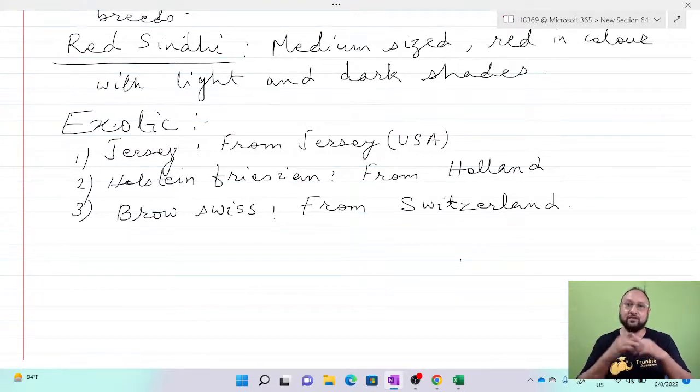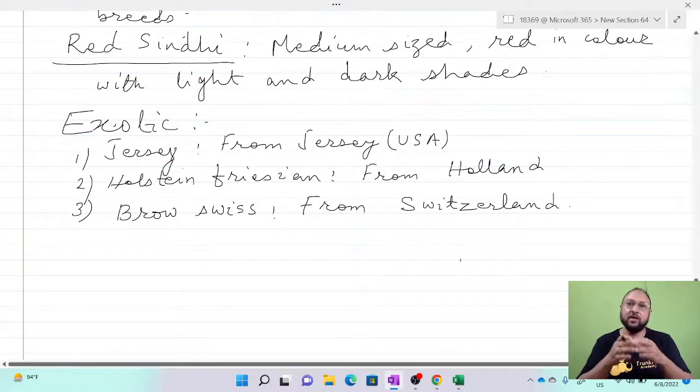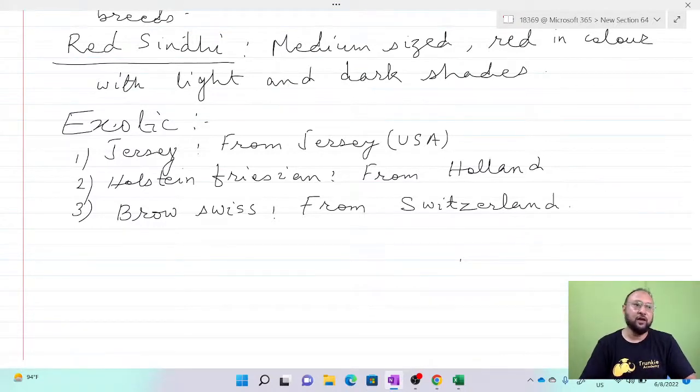After this breeding, we will get progeny or offspring which has high yielding capacity as well as disease resistant capacity. So this is called crossbreeds or improved breeds.